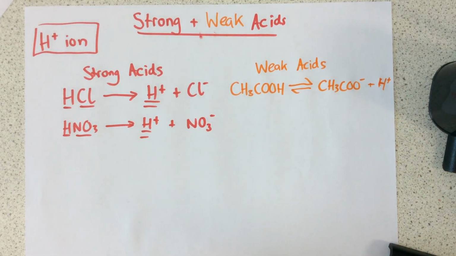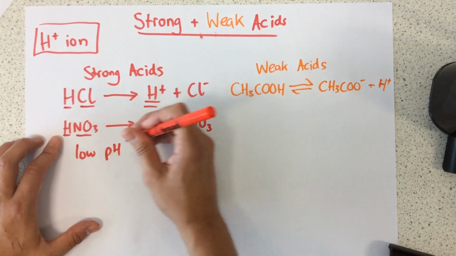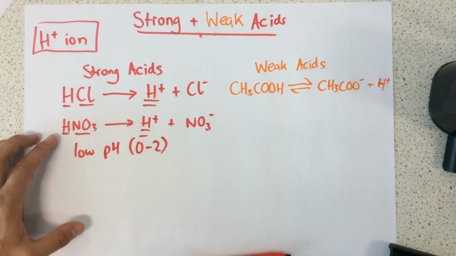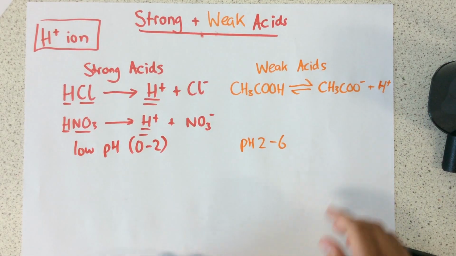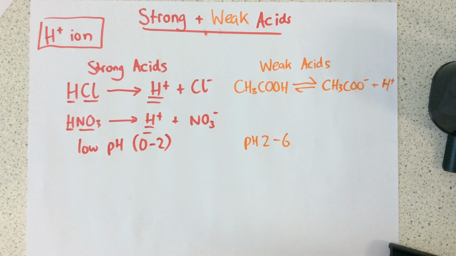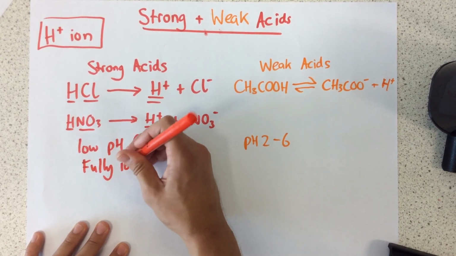So that's how weak acids are different. They don't fully ionize. So strong acids tend to have a lower pH than weak acids, for example around 0 to 2, whereas weak acids usually have a pH a little bit higher of 2 to 6 because they're less good at giving up those hydrogen ions into solution. So how we describe that is whether or not they fully ionize.